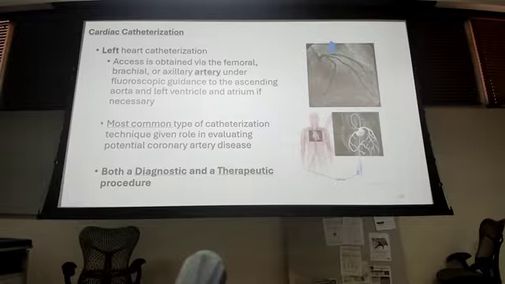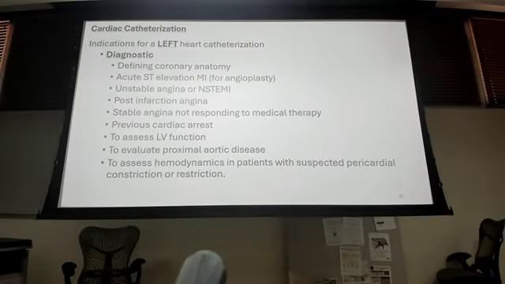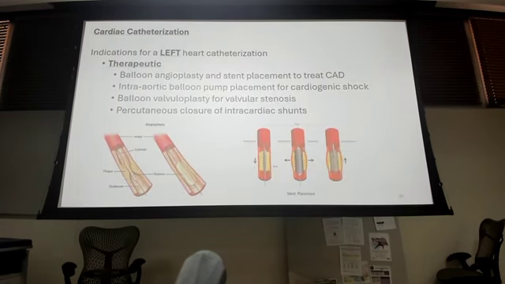Okay, so imagine the risk of threading these wires through delicate blood vessels. There are so many things that you can use a left heart cath to diagnose, but also so many things that you can use it to treat.